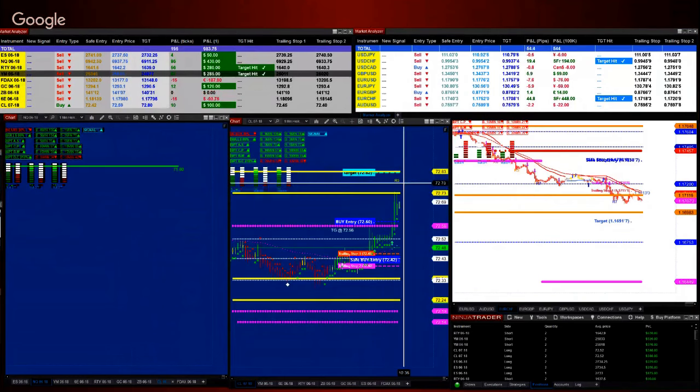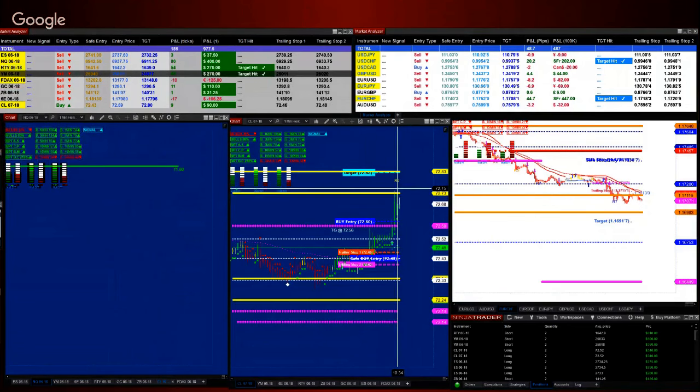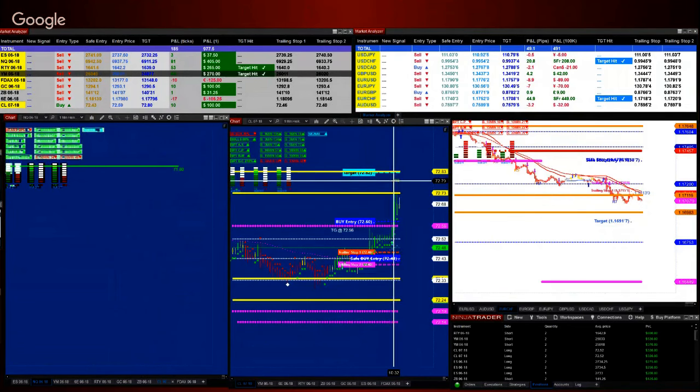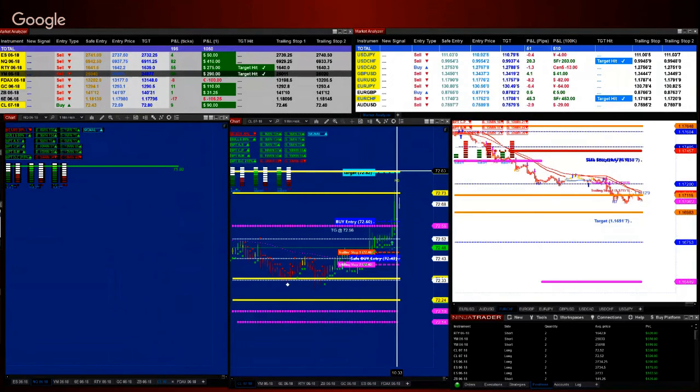But the problem is once the market dives in between those two yellow lines, that means there is no more long trade. It is finished and done and over with a long trade. So we got the reversal here, but I'm very sure we're going to gain a little momentum to hit the target at 72.83.